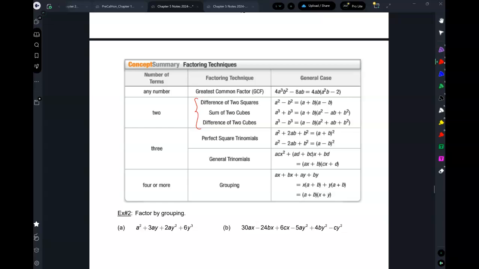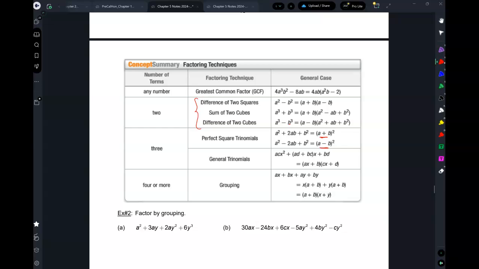If you have 3 terms, then we can factor it by a perfect square trinomial. Or just guess and check, like if you have x squared plus 5x plus 6. And then if you have 4 or more, one way is by grouping.